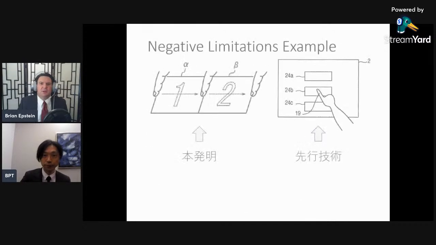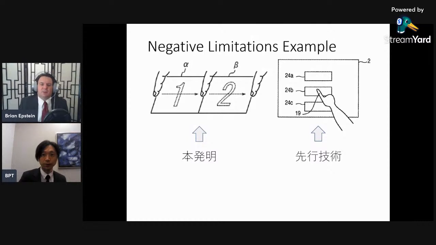Yeah, sure. So this is an example of an invention and some prior art. For those of you that saw my U.S. prosecution study group session 9, these figures will look very familiar. On the left is an image of applicant's invention.